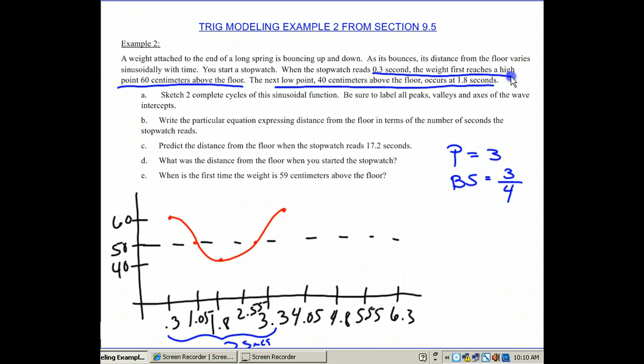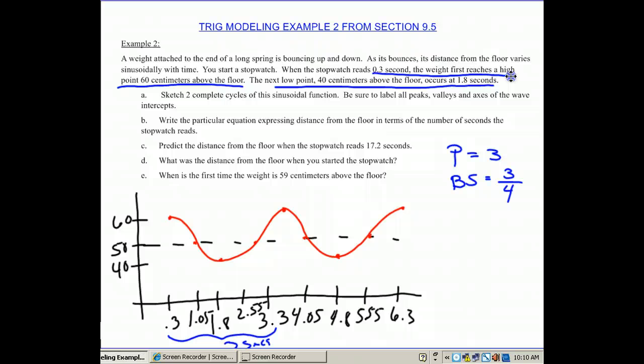Plotting those points, I'm going to be back at the center, down at my low point, center, and complete it with a high. So we have just completed part A, 2 cycles of the sinusoidal function.